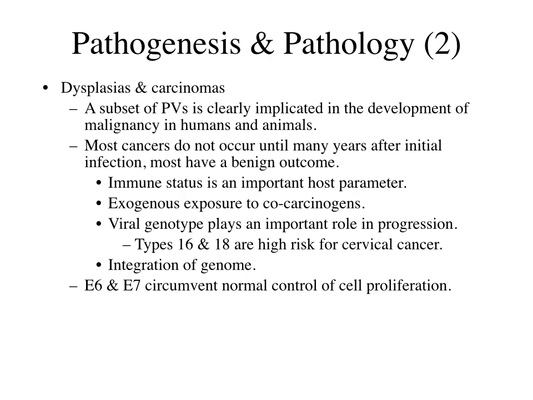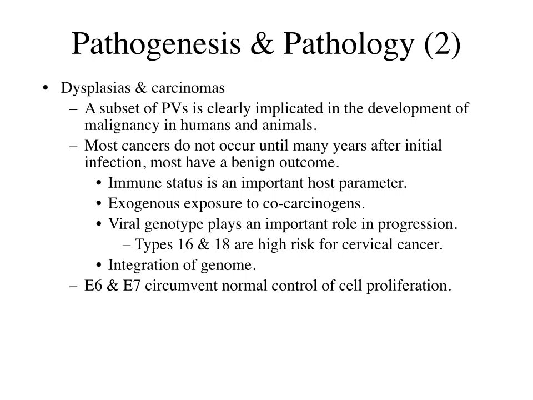There are exogenous co-carcinogens, such as smoking and other health aspects of the host, that play a role in determining whether or not it will become malignant. And also the viral genotype plays a role in the progression. Types 16 and 18 are particularly high risk for cervical cancer.